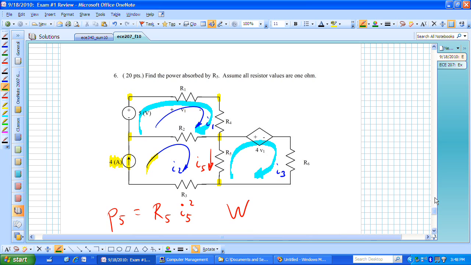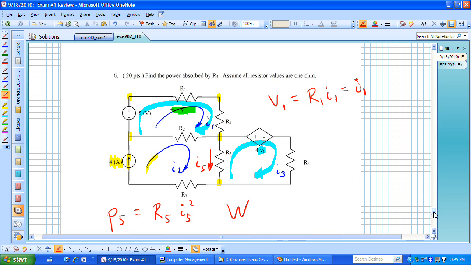The only thing I have to worry about then is replacing this V1, but that V1 is up here, and it's defined, so V1 is actually going to be R1 times I1. And R1 is 1, so this is then just I sub 1. If I use V1 in an equation, I can replace it with I sub 1.